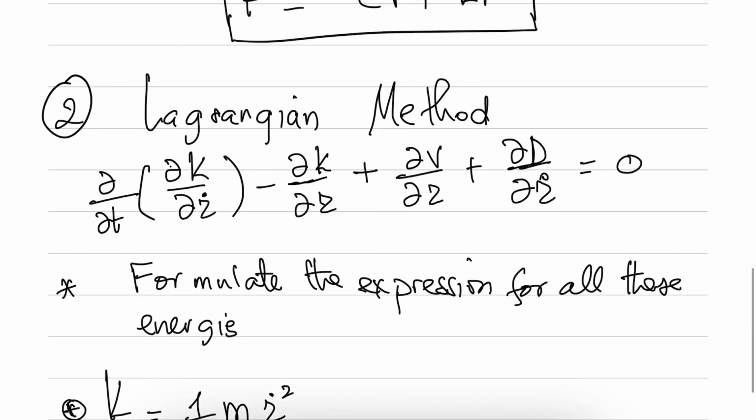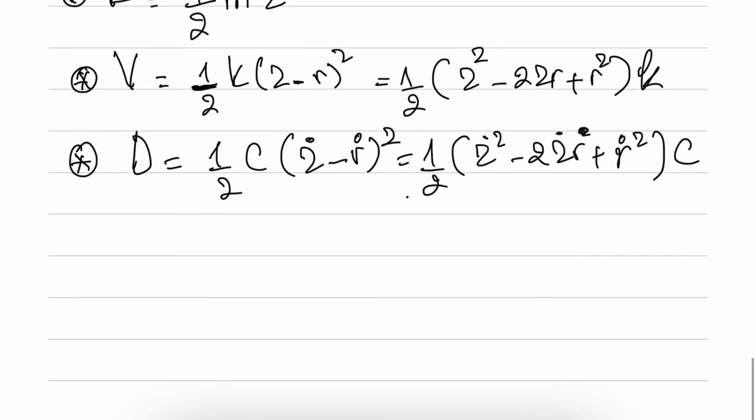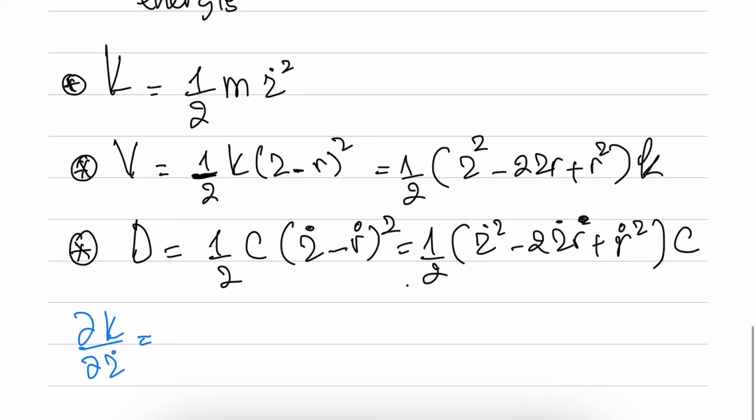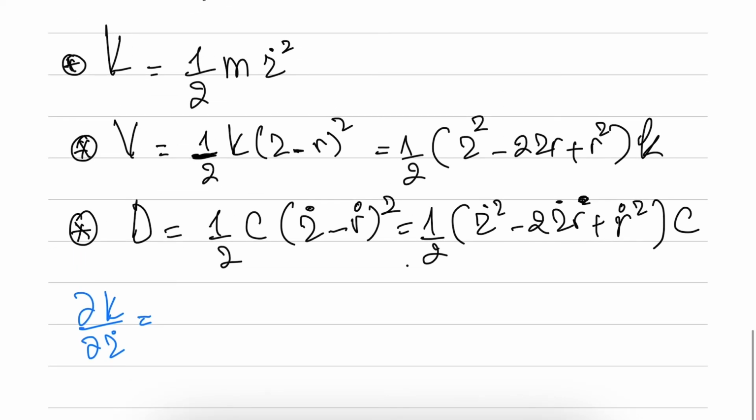So let's calculate these derivatives. The derivative of kinetic energy T with respect to z dot is equal to m z dot.